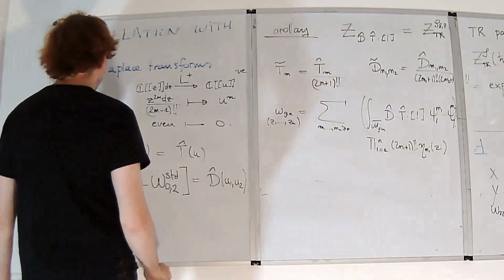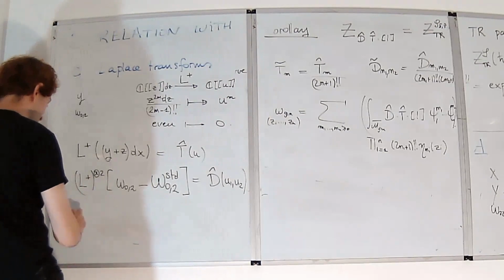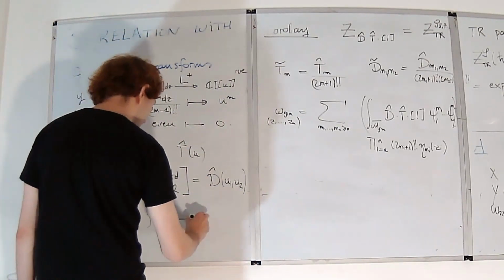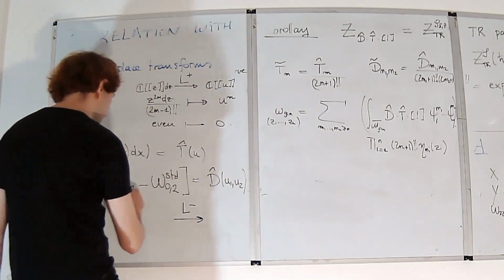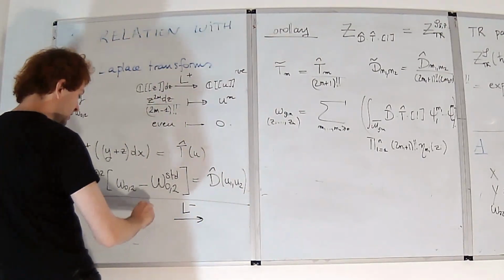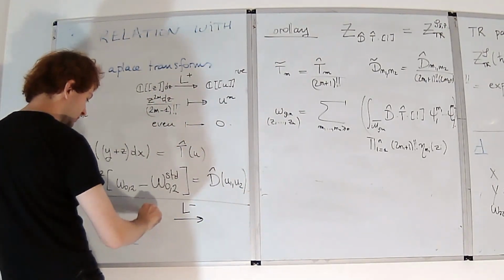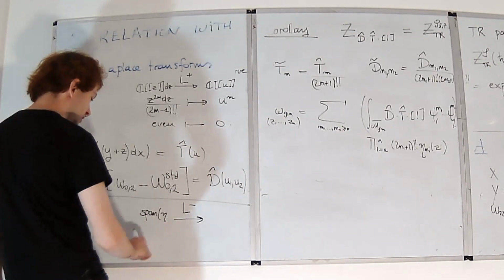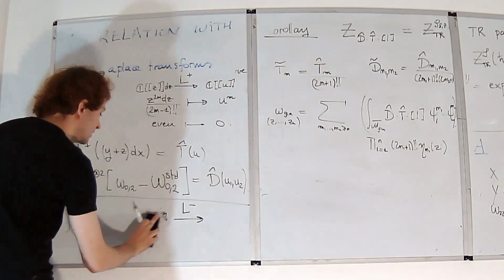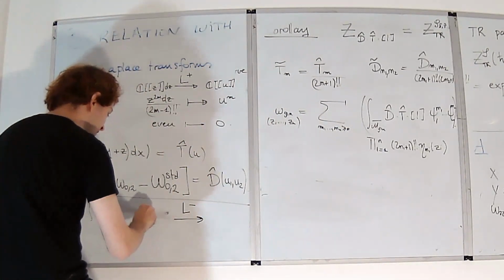So I'm also going to introduce an L minus, in the span, maybe first I write, for negative series.